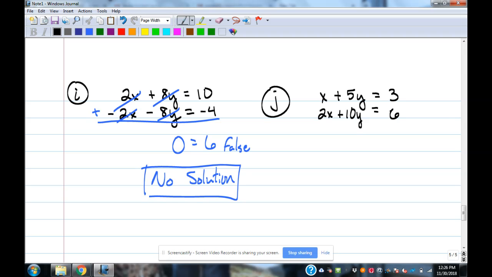If I multiply by -1, it won't cancel with 2. It needs to be a -2 that I multiply by. So if I multiply this top equation by -2, that's going to give me -2x minus 10y equals -6. The second equation, I haven't done anything to.